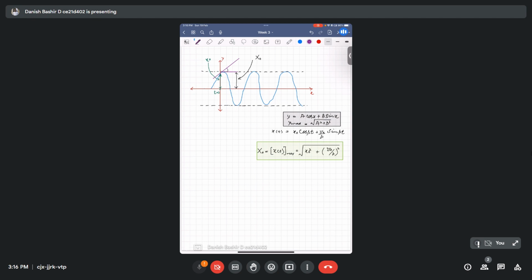Its slope will be equal to this. These are the initial conditions that we incorporate into our solution.